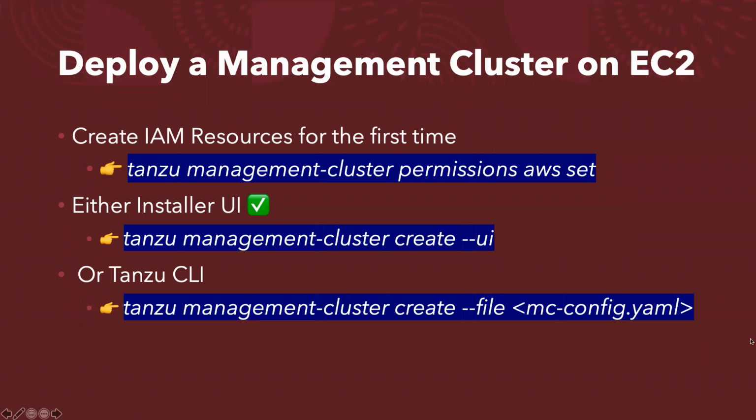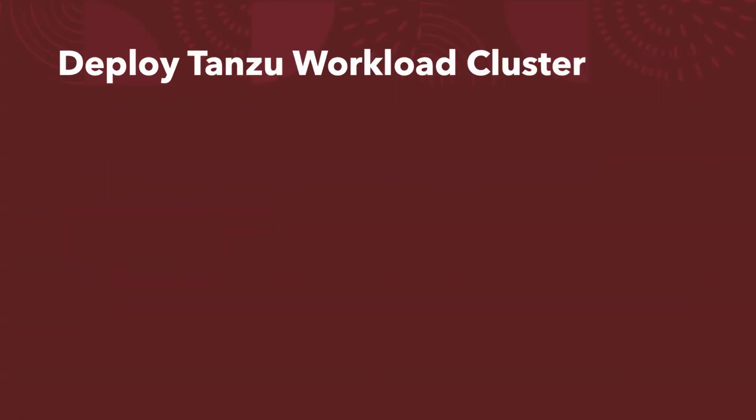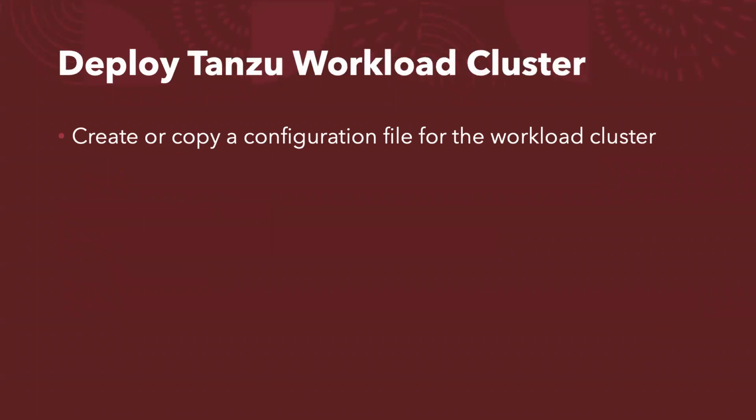After the management cluster is deployed, you can deploy a Tanzu workload cluster. For the workload cluster deployment, it looks like VMware does not provide a UI option. So all you need to do is either create or copy an existing configuration file for the workload cluster. I will show you how to copy or create the configuration file.